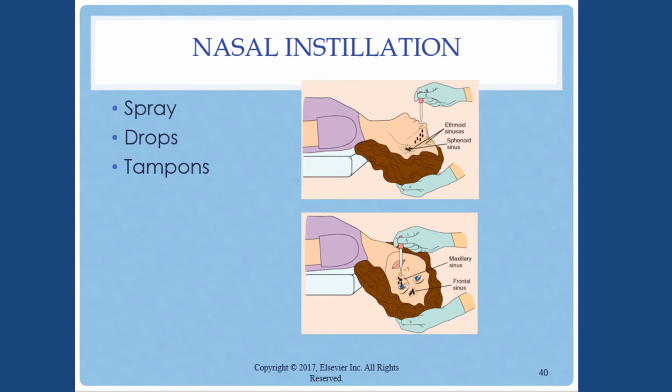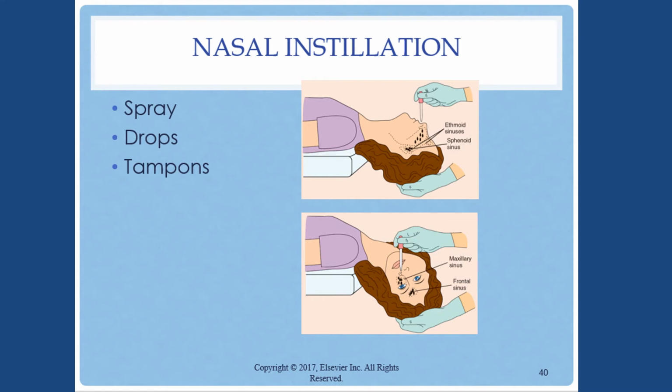This is a picture right out of your book, and this is one of those procedural, I don't think it's the yellow pages, but it is one of those procedural guidelines. Very important that you go and read this for the nasal, the eyes, the ears, okay? Those are coming up on the next slides, but go into your text and look at those.